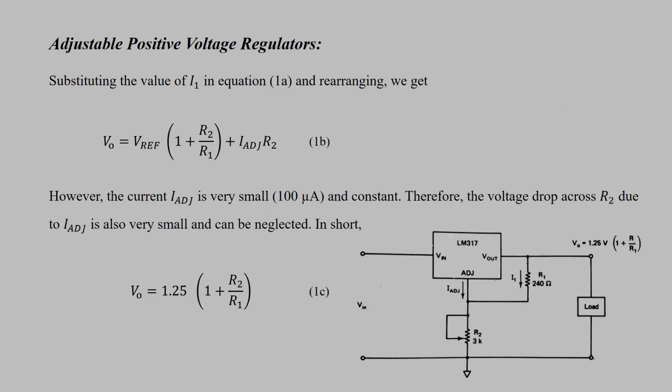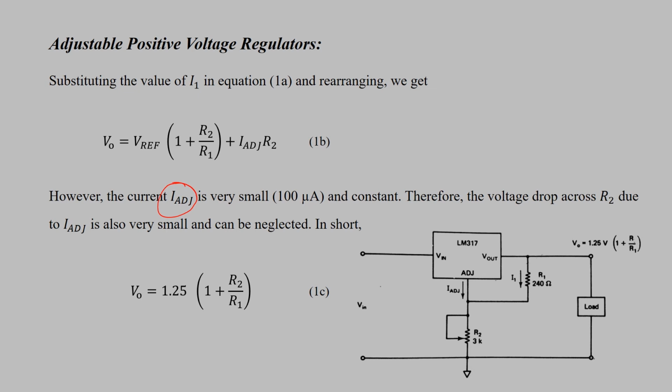Now substituting the value of I1, we get V0 = Vref (1 + R2/R1) + IADJ R2. However, this adjustment current IADJ is very small and constant.